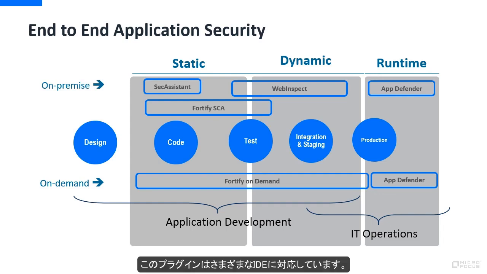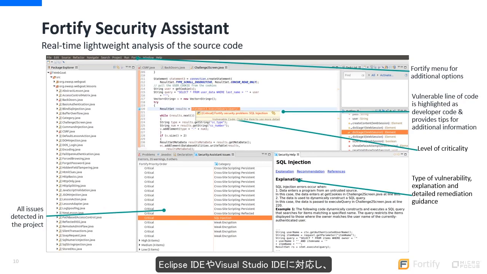It's a plugin for different IDEs, specifically for Eclipse IDE as well as for Visual Studio IDE, which allows the developer to see weaknesses in the source code while he's typing the code, without the necessity even to save the file or to run a direct scan or check in the source code.